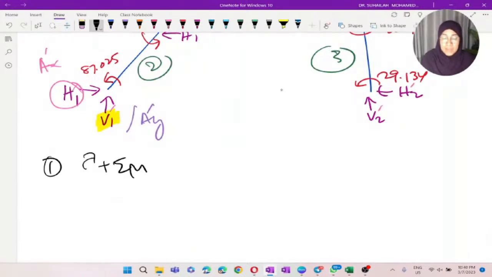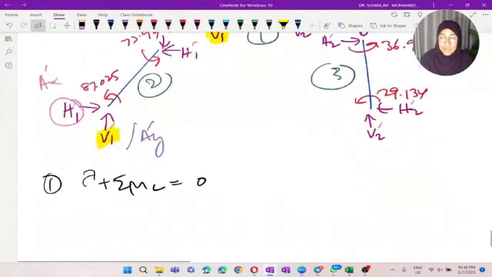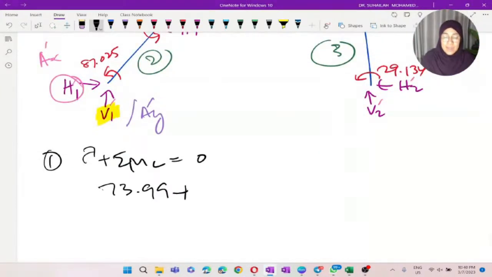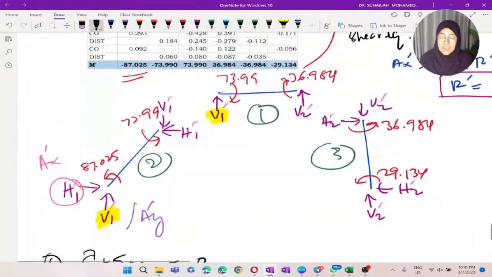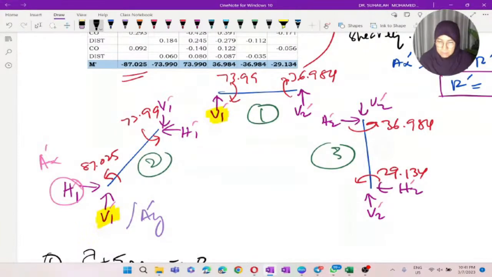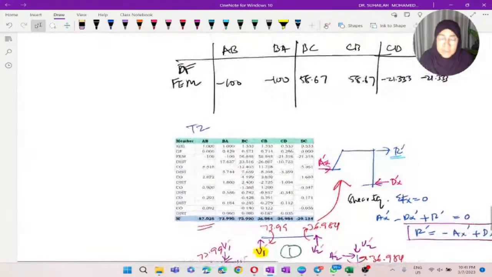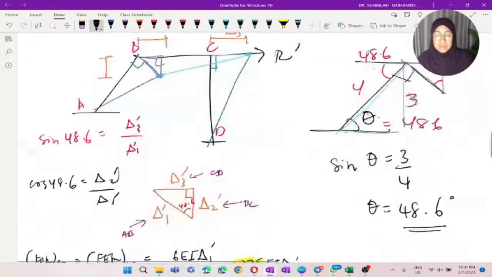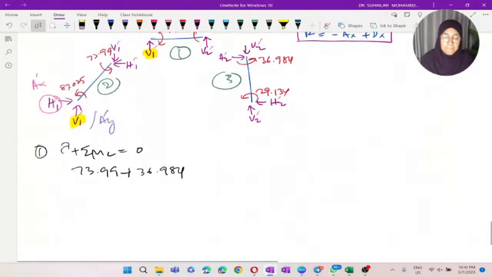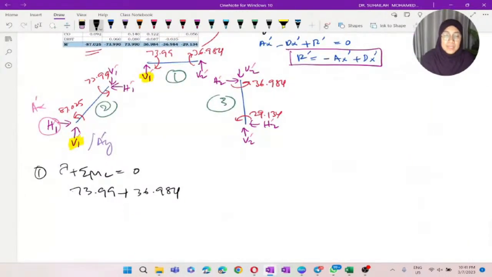We take moment at C equal to 0. So we get 73.99 plus 36.984 plus, the distance is 6 meter, 6V1 equal to 0.